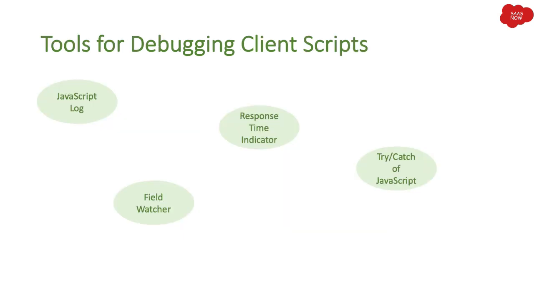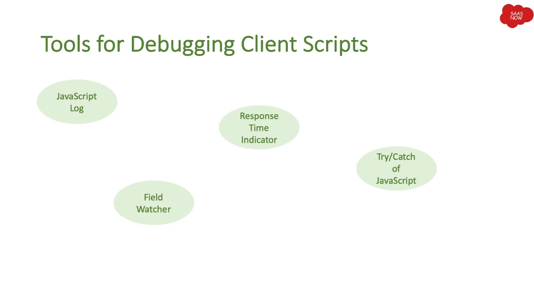So, the tools for debugging client scripts. As you can see, we have mentioned four tools. Let's start with the first tool, that is JavaScript Log. ServiceNow provides a method where you can use logging and then check whether your scripting is working fine or not. Then we have FieldWatcher.